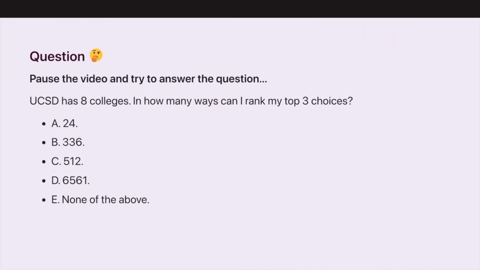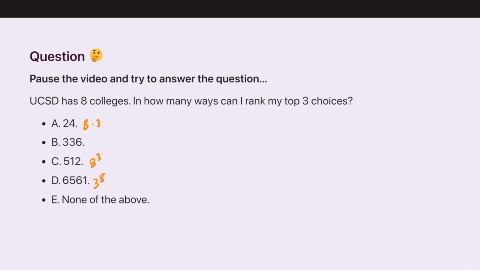Okay, so let's try doing a question. UCSD has 8 colleges. In how many ways can I rank my top 3 choices? So I'll give you a few minutes to think about that. Okay. Well, 24 is just 8 times 3, and 512 is just 8 to the third, and 6,561 is just 3 to the 8th.